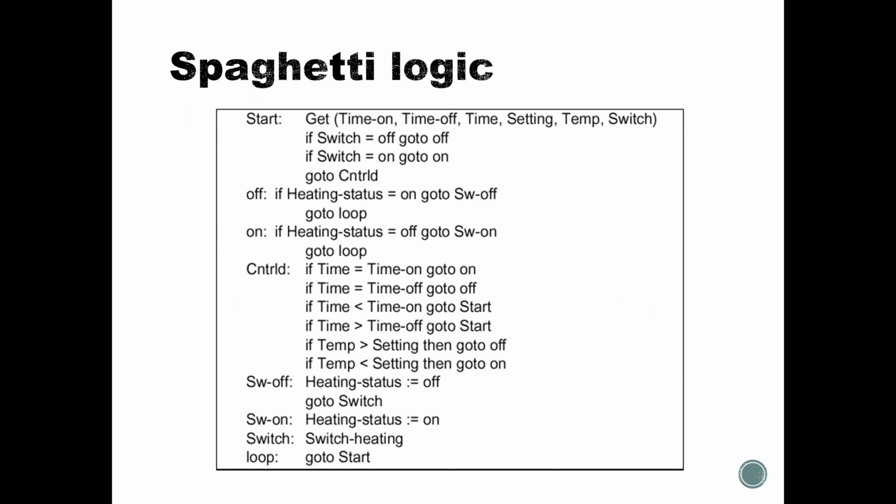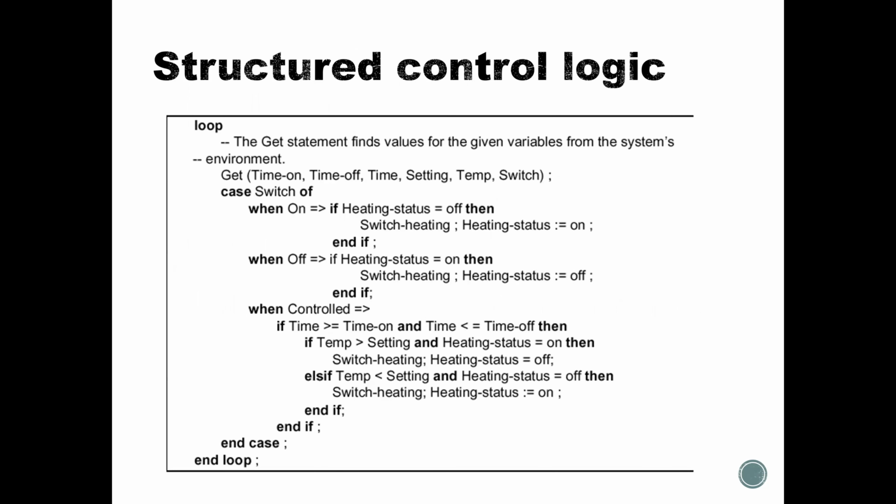For example, here we have the spaghetti logic. If you see this logic, the heating status is being changed to off and on based on some condition. However, if we use some structured logic, then with the help of a switch, we can make it more readable.